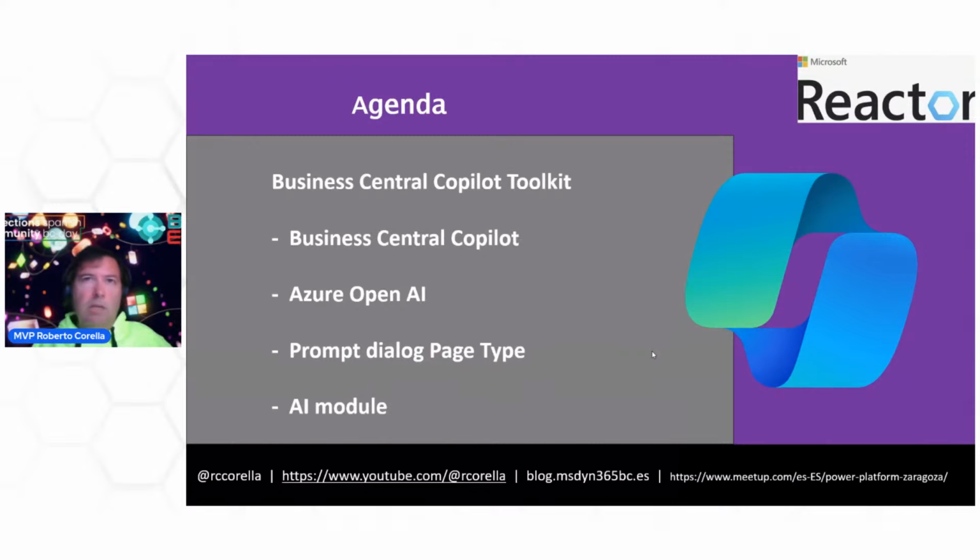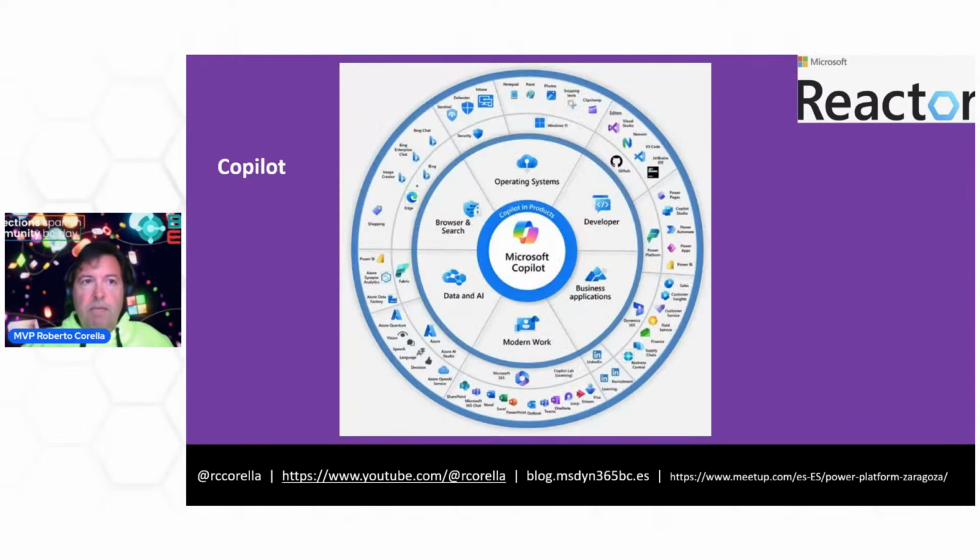Later, we speak about Azure OpenAI, a very soft explanation. And finally, we explain the prompt dialog page type and the AI model inside of Business Central to create our own copilots, right? If you have any question, please put it in the comments, and we can answer the questions when we finish the session.